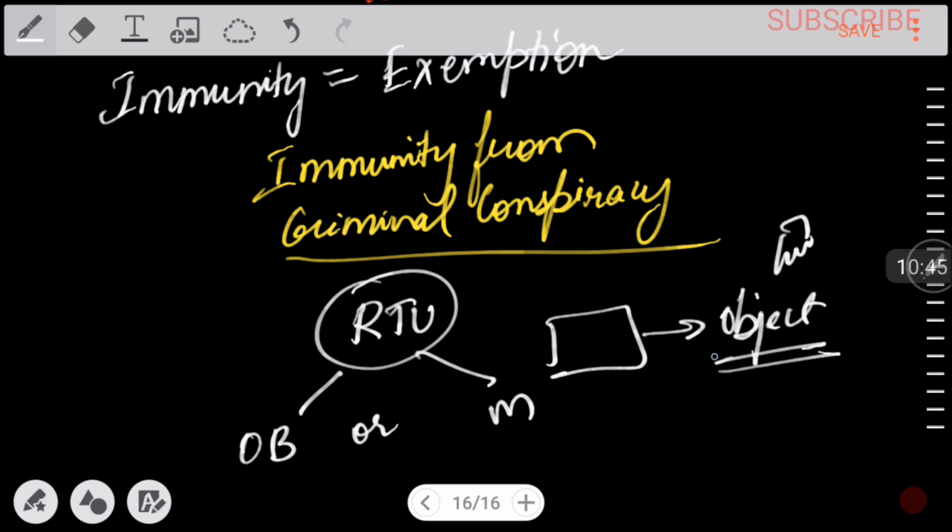This is important: the agreement made between the members for the object of the trade union.